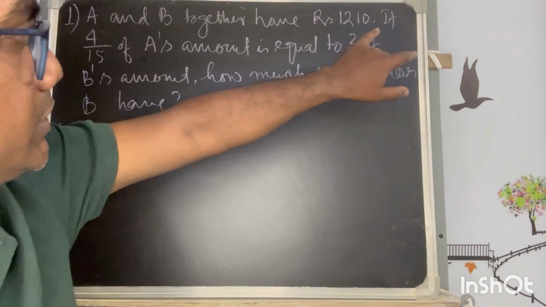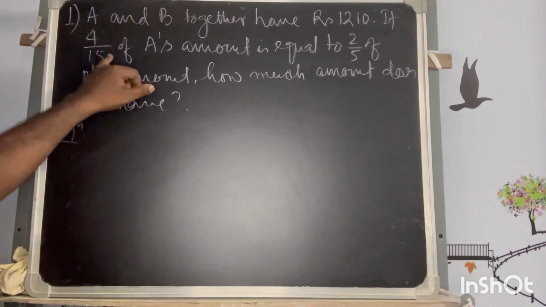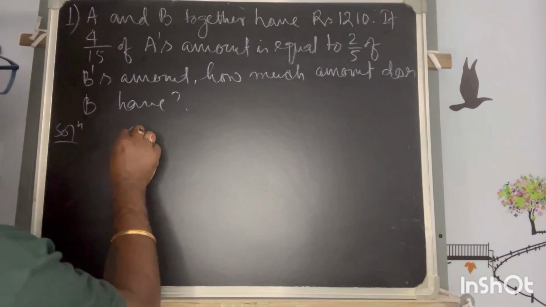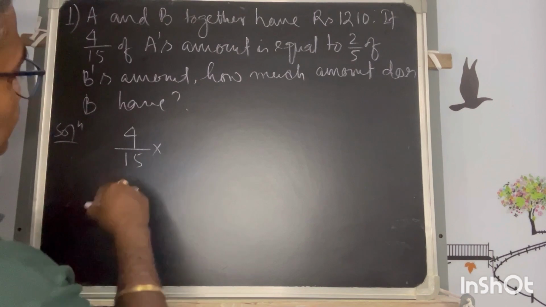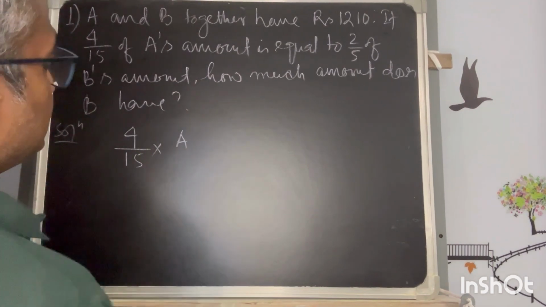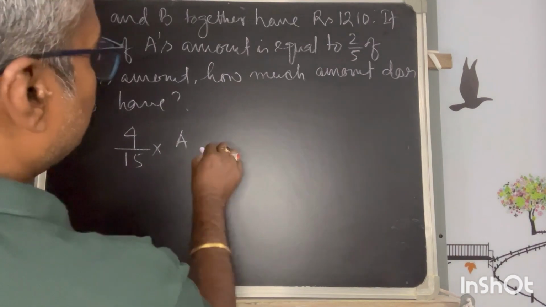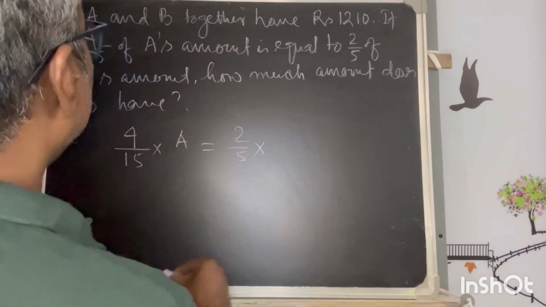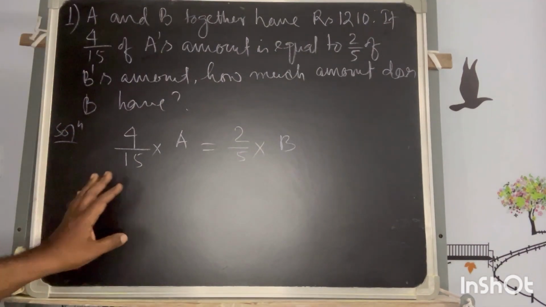Whereas the thing that will guide you better is if we consider this part: 4/5 of A's amount. So you will have straightforward, let's say, 4/5 of A's share, I am representing A's amount as A, is equal to 2/5 of B's amount. B's amount I am taking as B. There is no ambiguity in that.